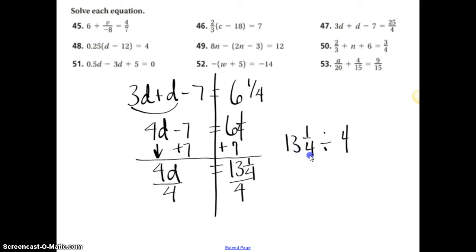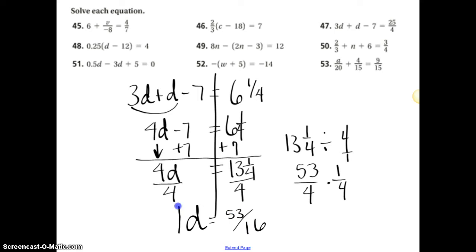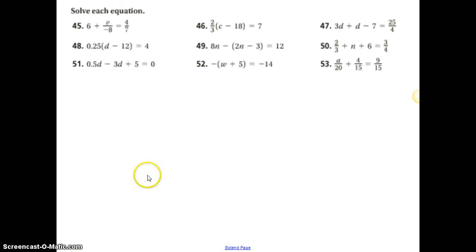So 13 times 4 plus 1, so that's 52, 53 fourths times, keep switch flip, 1/4, which means D equals 53 over 16. So that one, it's not necessarily the process so much as the fractions that make you nervous.